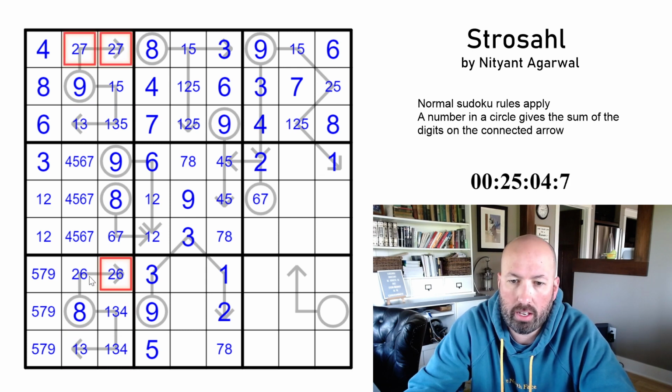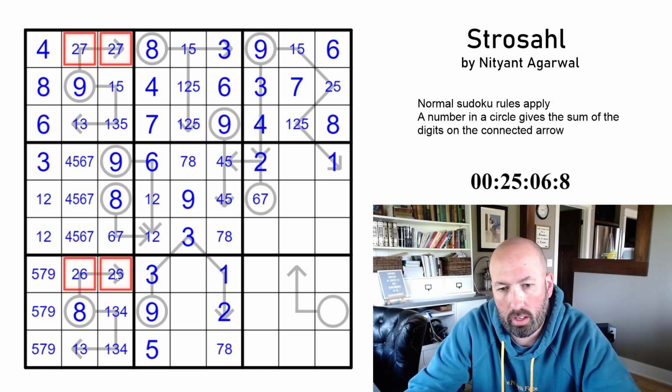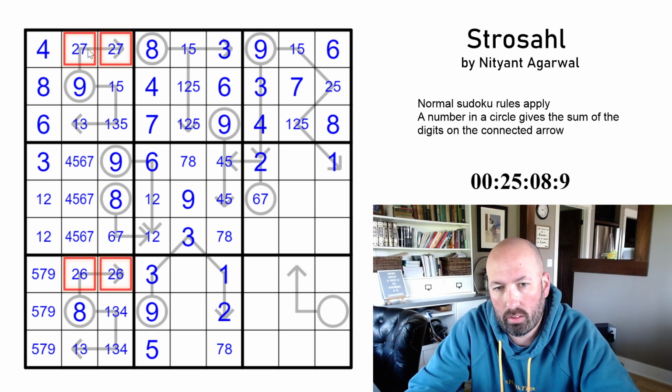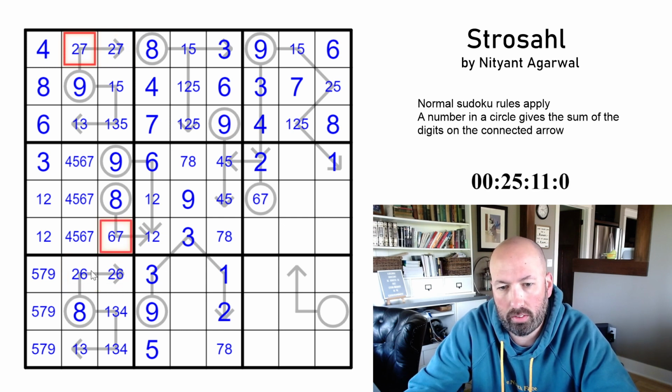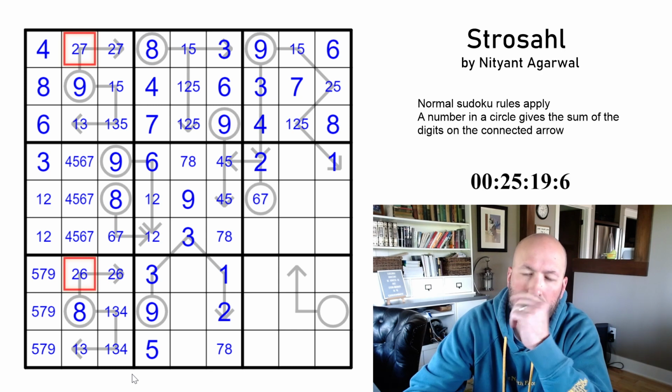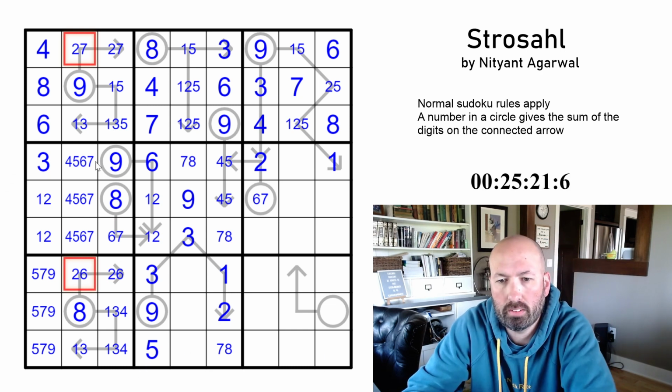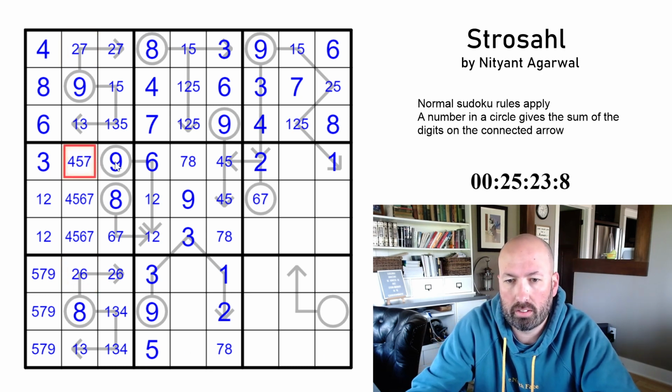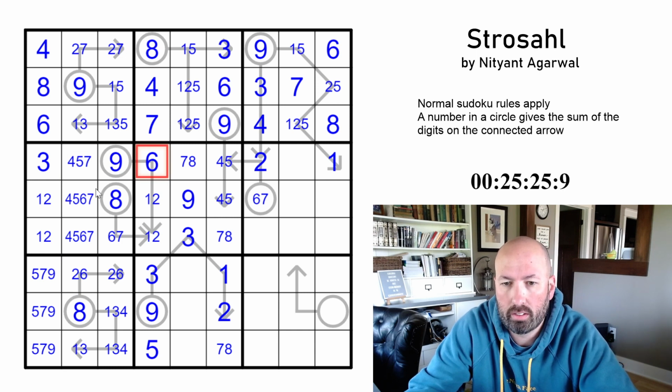Right, and then we've kind of got an X-wing of 2s, and then one of them's the 7 with the 7, or the 6 with the 6. So whatever's right there has to be in one of these, and the other one's the 2. Well, this one can't be 6 because of the 6 there. The 1, 2 pair. Yeah, okay.